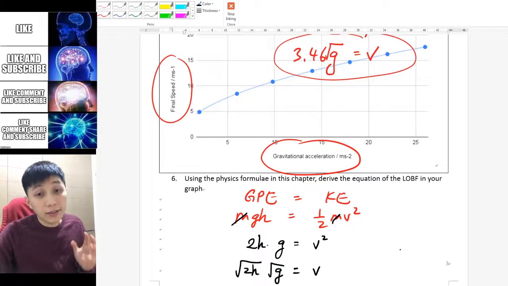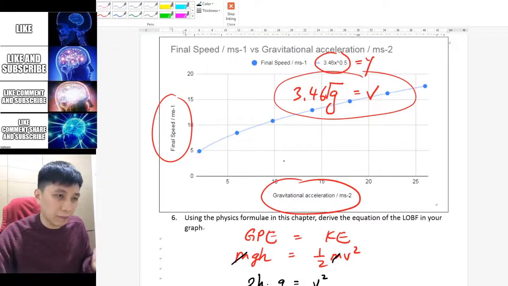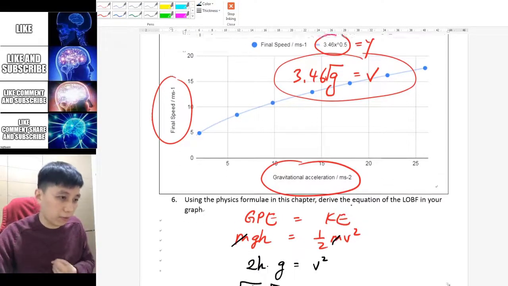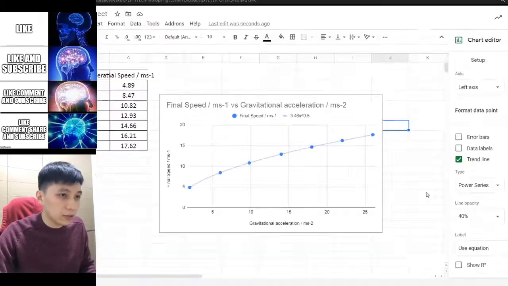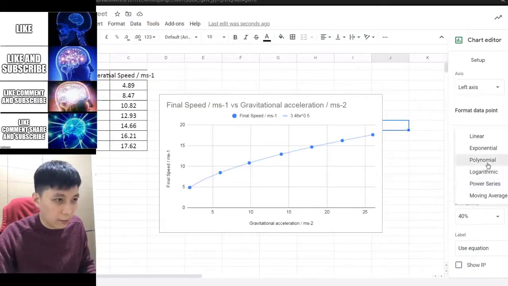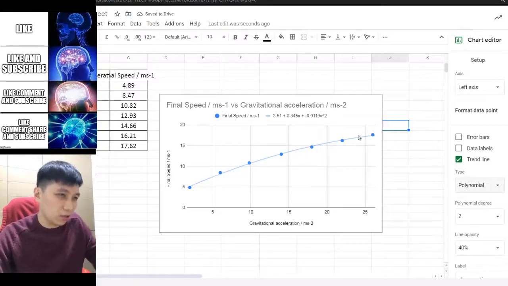And this is the reason why I choose the power series for the line of best fit when I plot the graph, because you can see it matches very well. If you use another one, let's say you may find polynomial looks also pretty good. It's also a curve that kind of passes through all the points.